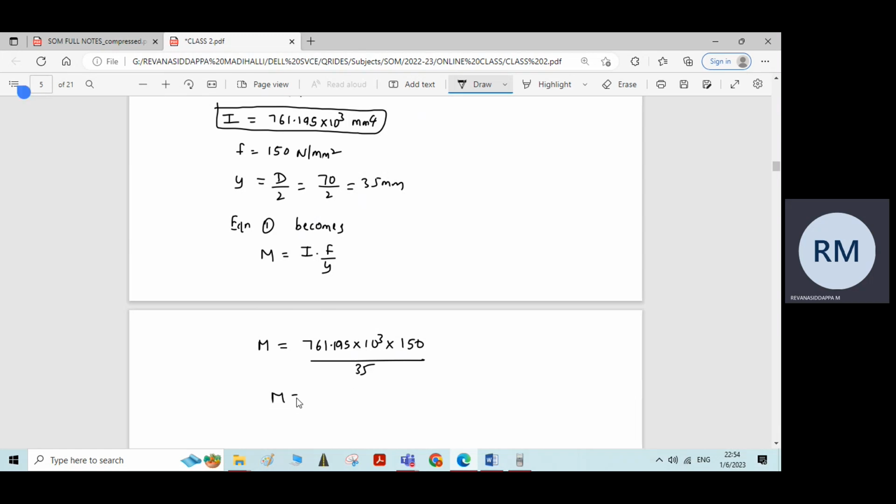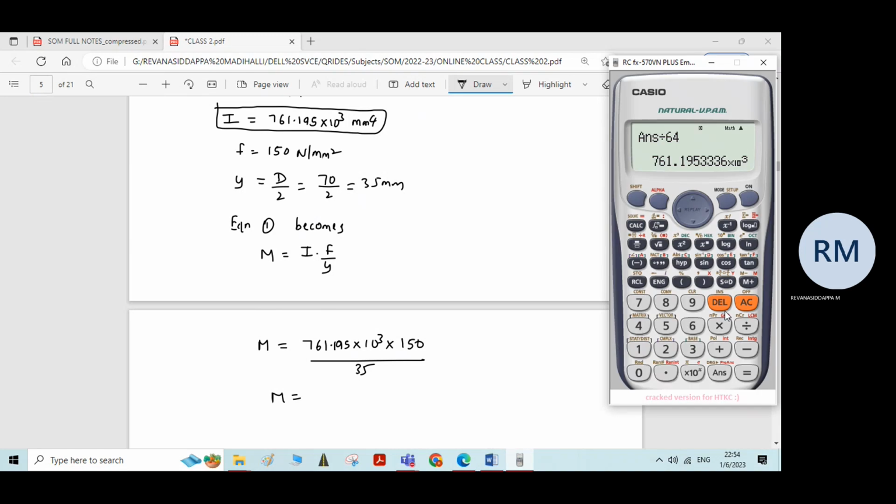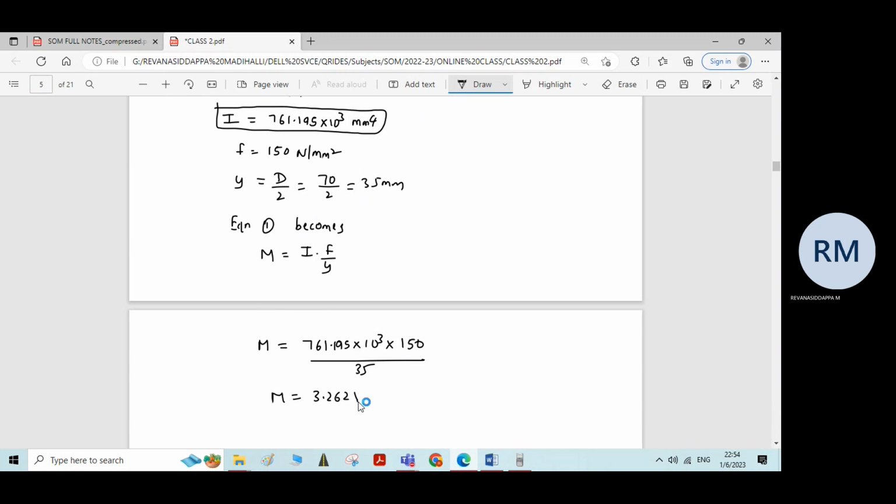By this we will get the moment. So the answer is 3.262 into 10 power 6 Newton millimeter.